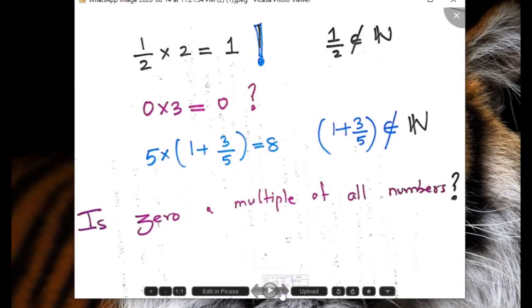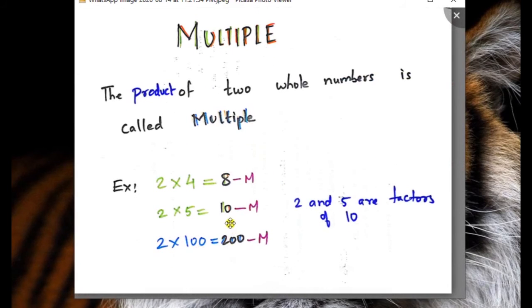For example, in the first case that we have here, we have the multiple for 2 and 5, we are having 10 as a multiple of 2 and 5, right? So we can say that 2 and 5 are factors, and we can say that 1 is also a factor of 10. Every number has a factor of 1, so there is no doubt in that.